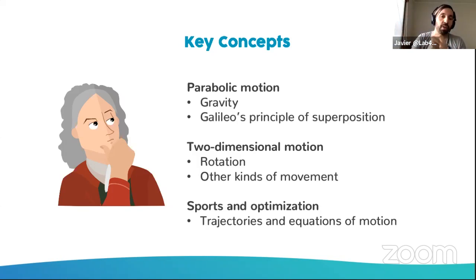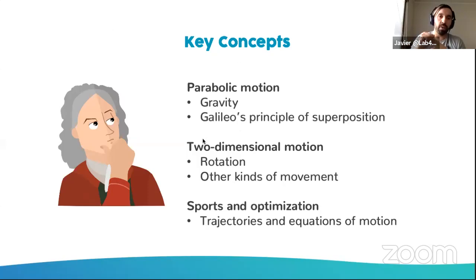And the other two-dimensional examples are things that you could explore with the tool that we will be using today. If you move those topics to the real world, you have sports, optimization of trajectories, and some other historical applications like cannonballs and war, which may not be suitable for all environments, but are closer to sports.